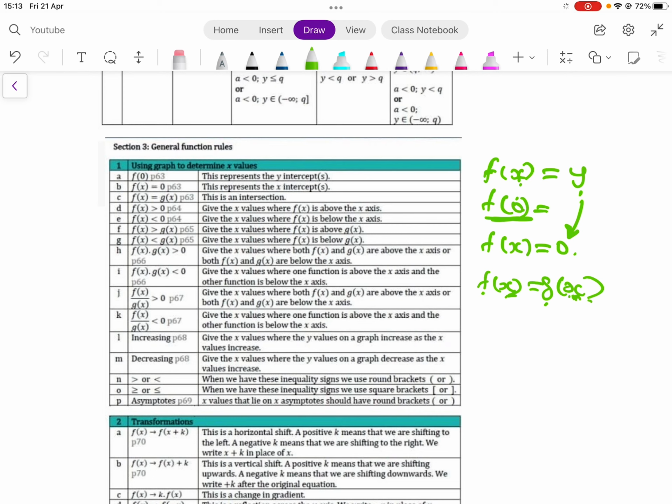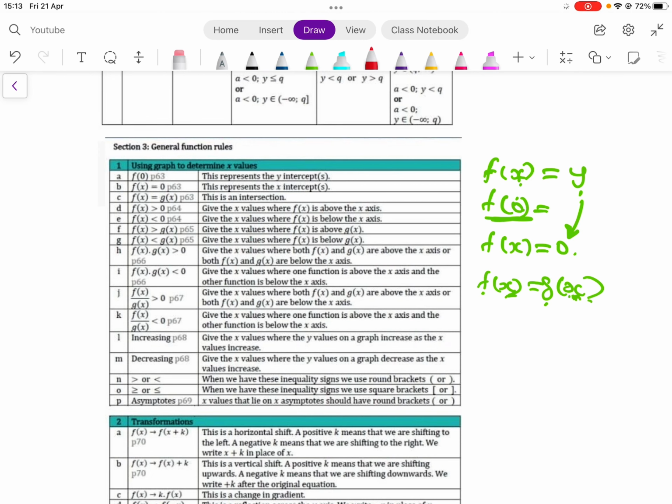These two different functions, g and f, intersect at a certain point. F of x equals g at x just talks about the intersection of the two functions.